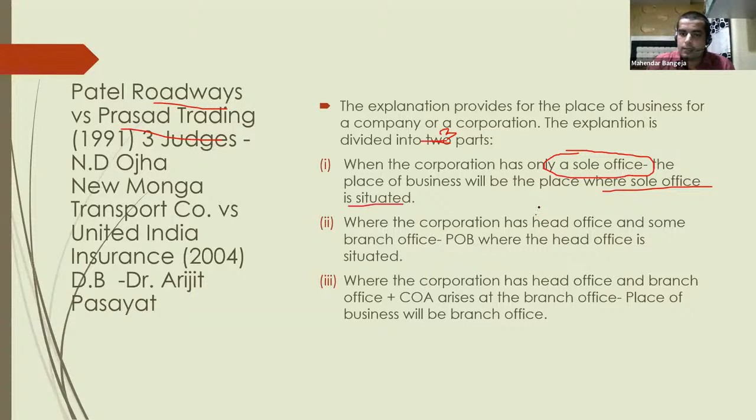If the corporation has a head office and a branch office, the place of business will again be the head office. If the corporation has a head office and a branch office and the cause of action arises at the branch office, then the place of business will be the branch office. This is the only case when the place of business will be the branch office. Clear? I'll be taking up this example later.